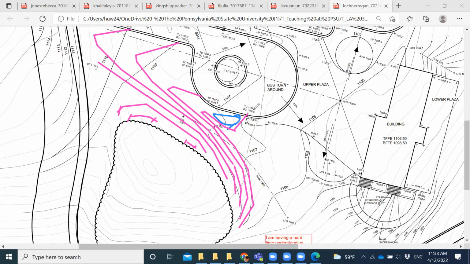So by dragging the pink up beyond the same contour of the bioretention, you would be able to prevent the dirty water from flowing into the swale, right? I was being sort of generous here, but you can see how I can tighten it up.